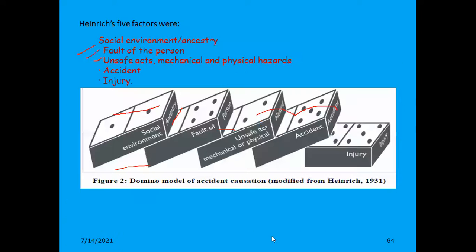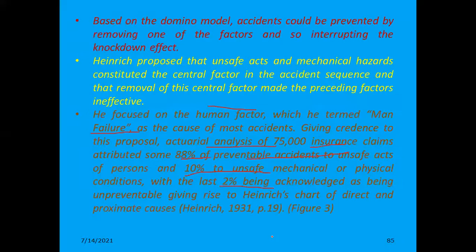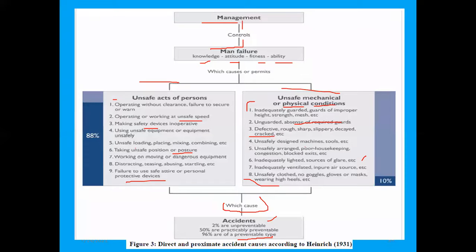This is the Domino model for accident causation: social environment, fault of a person, unsafe physical and chemical hazards, accident, injury. So these are some of the points of the Domino model, and this is a chart of direct and proximate accident causes according to the Hendricks domino.